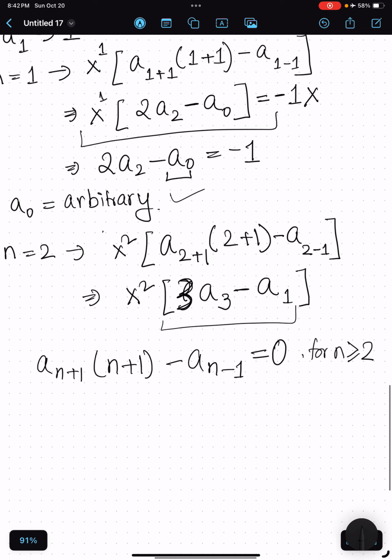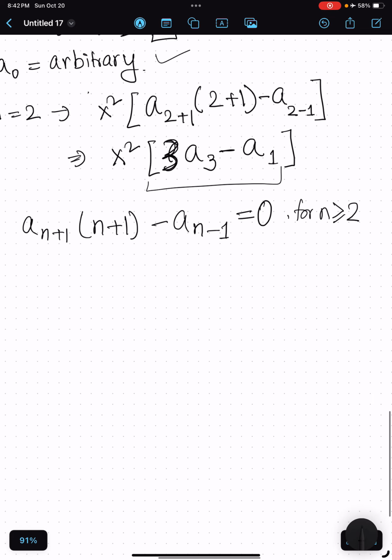So since this is equal to 0, let's isolate our a sub n plus 1. When I do that, I have a sub n plus 1 equals a sub n minus 1 divided by n plus 1. So let's generate the rest of the terms. We already have our a sub 0 and our a sub 1. Now we want n equal to 2, n equal to 3, and all of that.